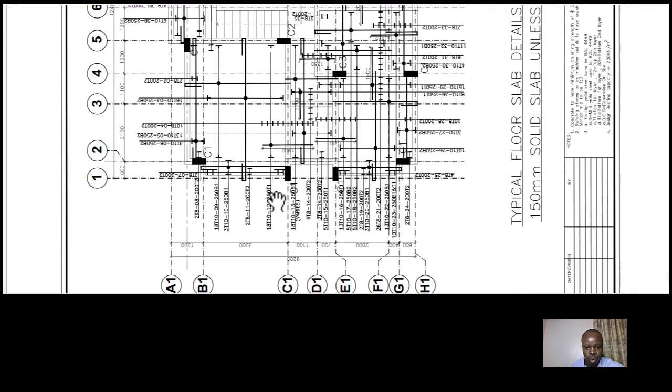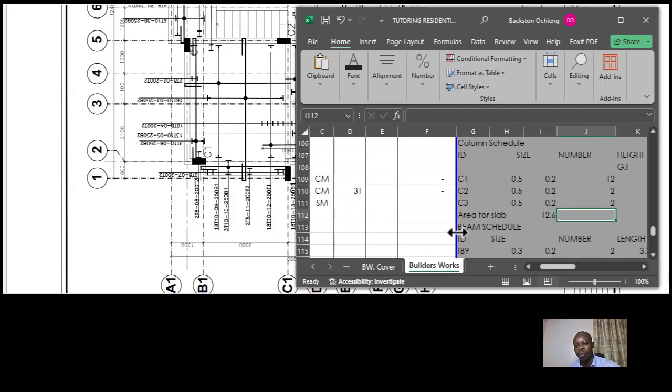Then for the width, it's 9.2, and we also add another 0.2. The 9.2 is on the centers of that particular point. So that is 9.2, and then we add 0.1 times 2, so that gives us 9.4.